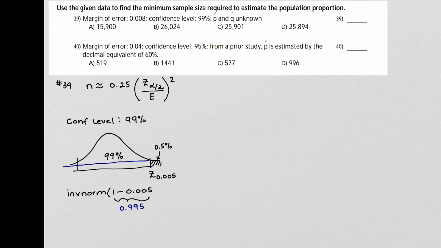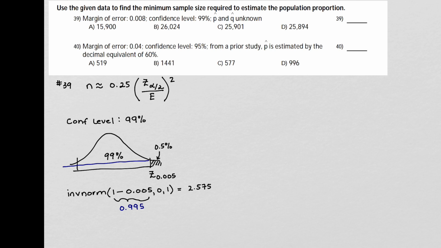You can either type in 0.995 or you can do 1 minus 0.005. And then we put in the mean, which is 0, and the standard deviation, which is 1. And we are going to round this to 2.575. So that's what they use in my math lab. They take this one out to 3 decimal places, and they just cut it off at 2.575.